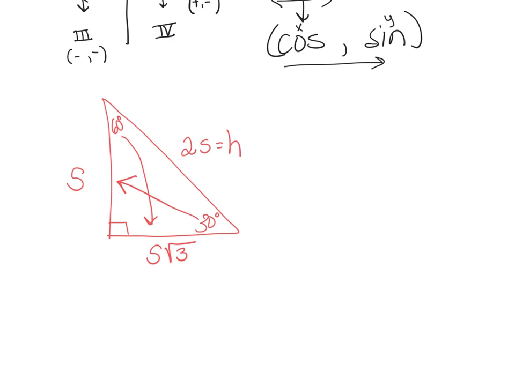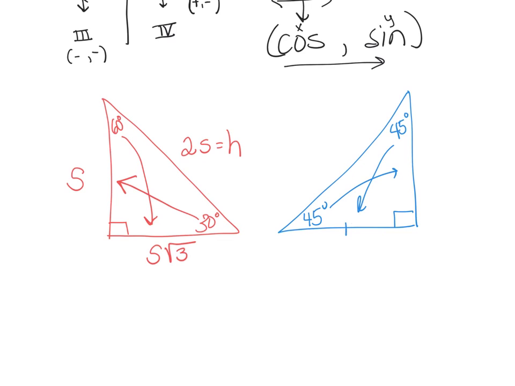I want you to also remember the 45-45-90 rule. I'm going to draw it from a different perspective just so you don't get locked into seeing the right triangles a certain way all the time. Remember that a 45-45-90 triangle is an isosceles triangle. So leg 1 and leg 2 are going to be equal to each other.